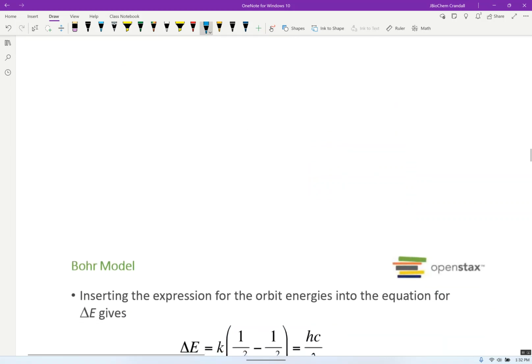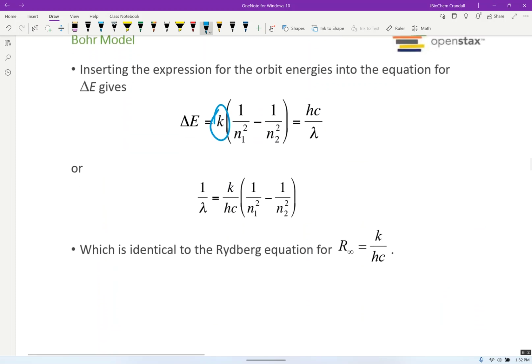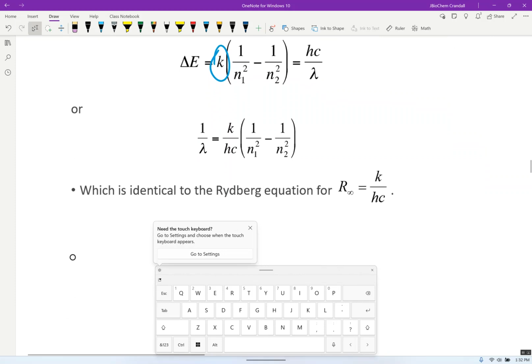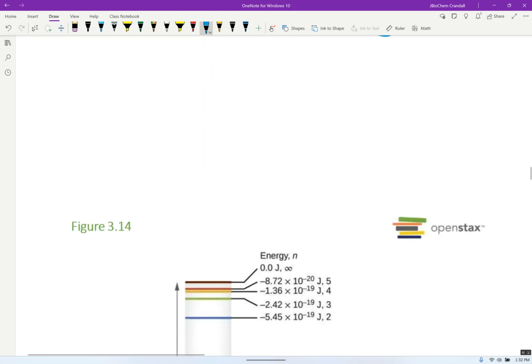Okay, so those are the energy levels. Once again, here this K is representing a constant. This is Rydberg's equation. We're not going to use it. It shows that constant times the speed of light, which is how you would derive that.